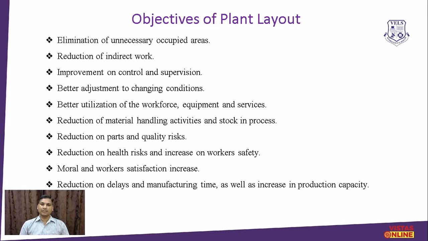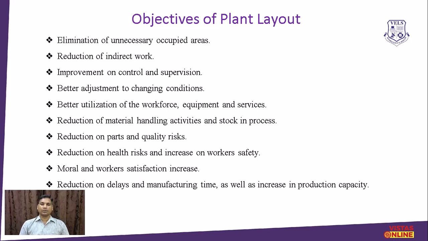Being a businessman, you should think about how to use the rest of the 90 acres. For that we need to expand the business, or produce some other products, or we can give a lease to somebody else. So ultimately we want to use the whole 100 acres more effectively.